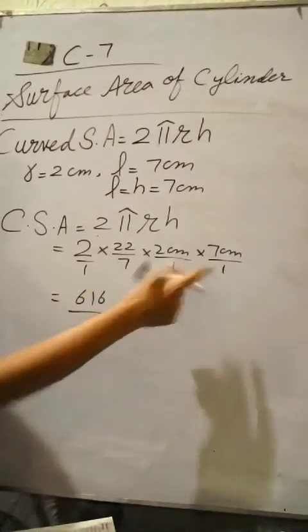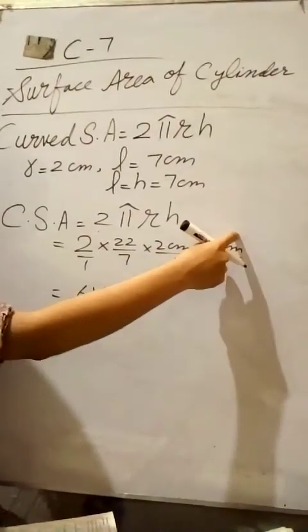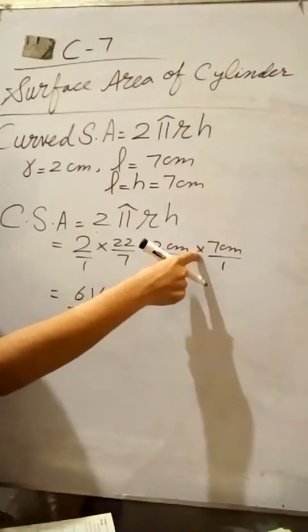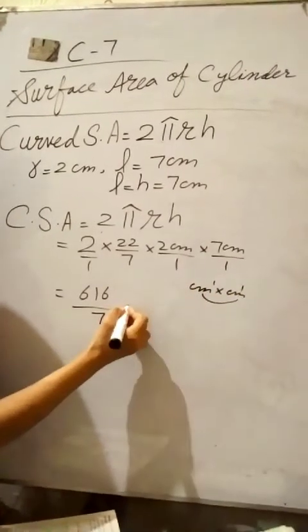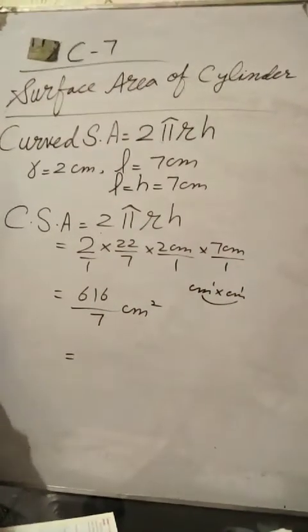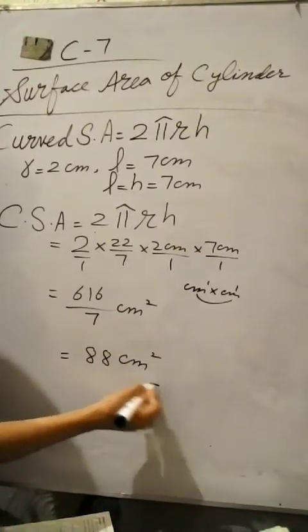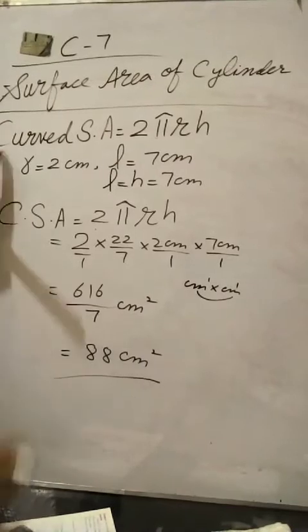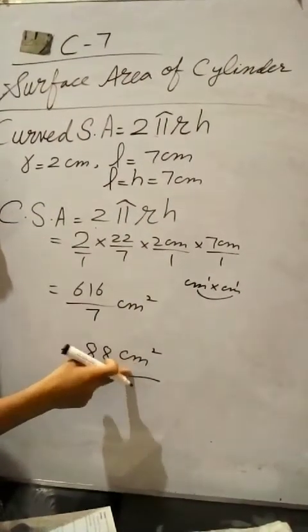And 7 times 1, answer will be 7. When we have a multiplication sign and bases are same, powers will be added, so centimeter square. Now divide it. Answer will be 88 centimeter square. Draw the ending line.